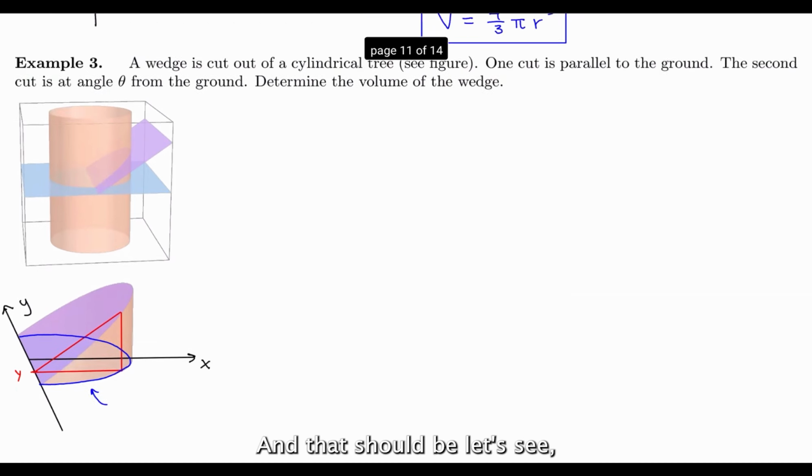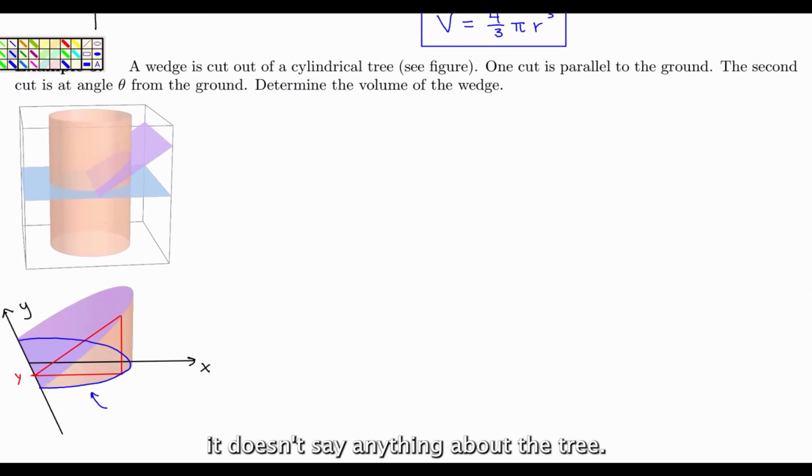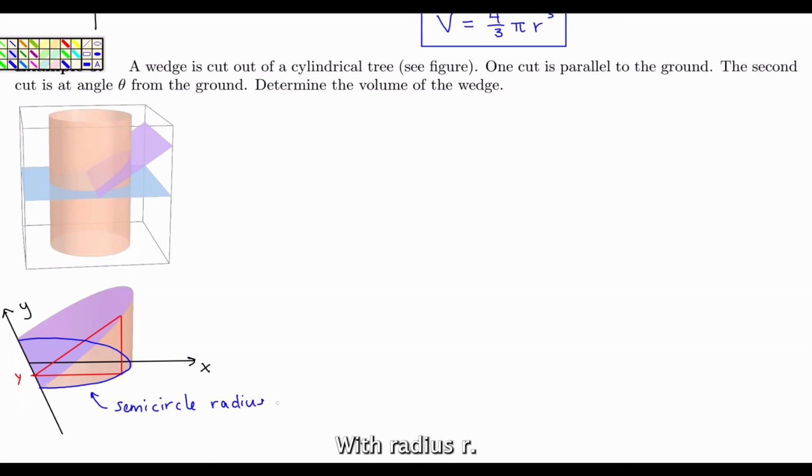So that is a circle, a part of a circle. It doesn't say anything about the tree, so I'm going to assume that that circle has radius r. So semicircle with radius r. And so again, that equation is x squared plus y squared equals r squared.